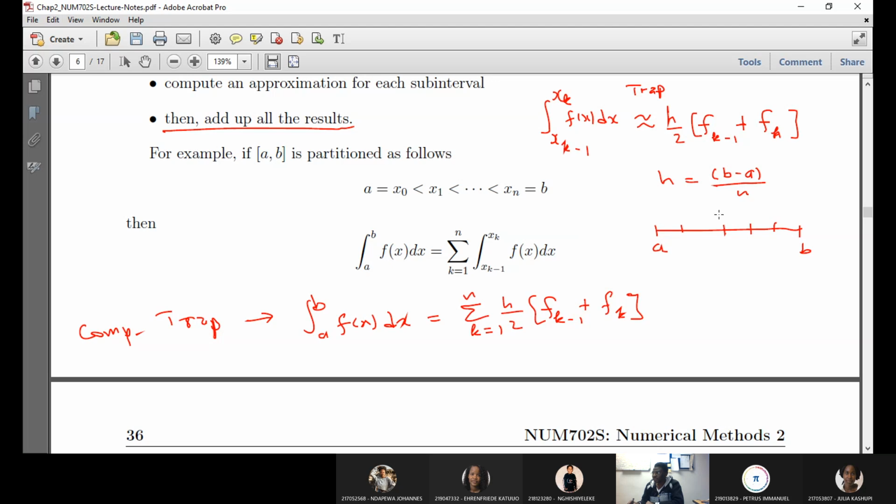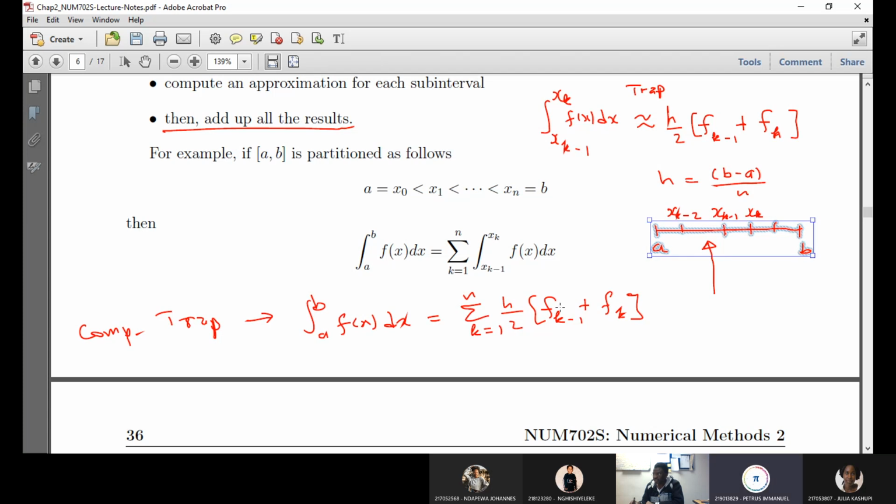You see that if I integrate from this to that point, let's call this x sub k minus 1, and then this one x sub k. Now, if I integrate over this first subinterval, this is x sub k minus 2.